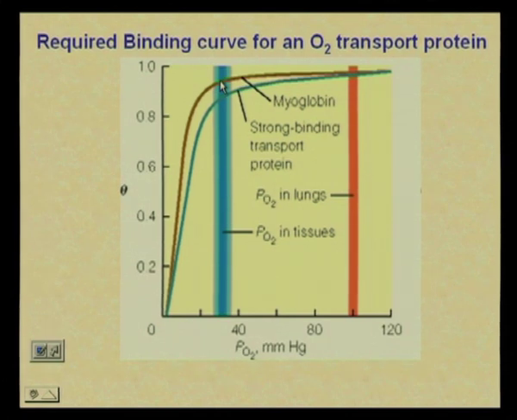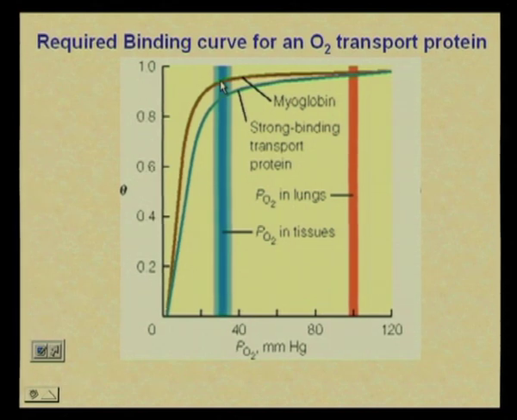But if you want a transport protein, what is the transportation supposed to do? It is supposed to take in the oxygen and release it. Is that clear? The hemoglobin has to release the oxygen. If it does not release the oxygen, there is no point in binding it.